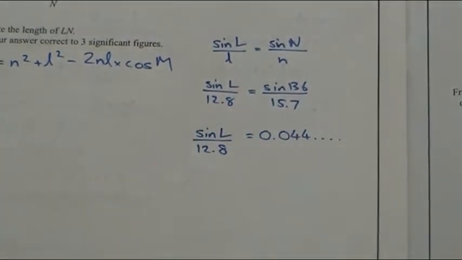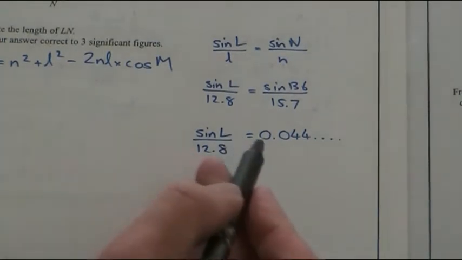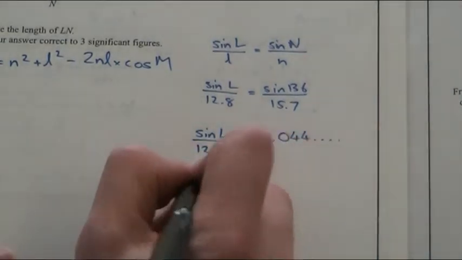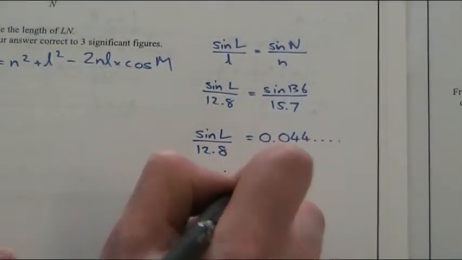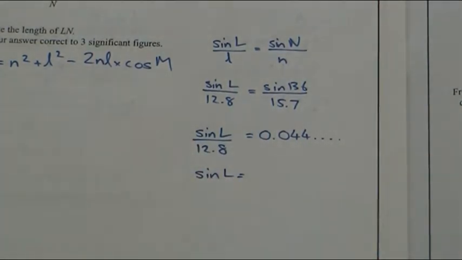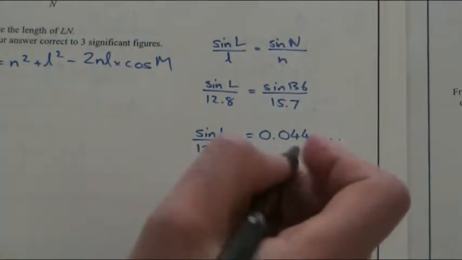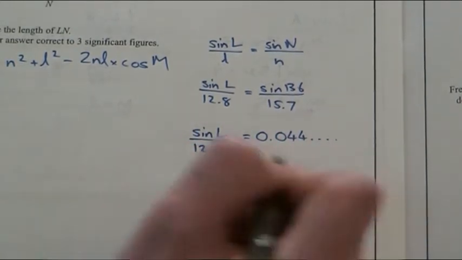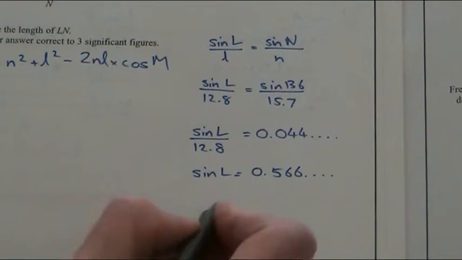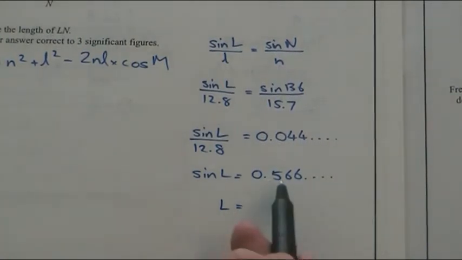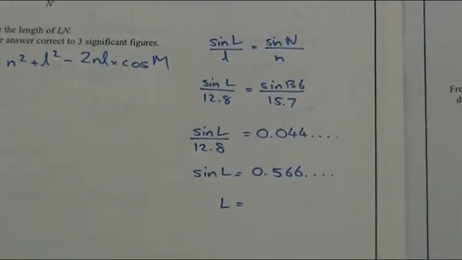But if I wanted to get sine of angle L on its own, at the moment it's been divided by 12.8, so I can go ahead and times by 12.8. So if I just press times, remember that answer, don't have to retype anything, 12.8, and that gives me 0.566, etc. Now I need to get L on its own. And it helps if you understand all about trig graphs, and this number, if you do, you know it's below 1 or more than minus 1, so you're happy.